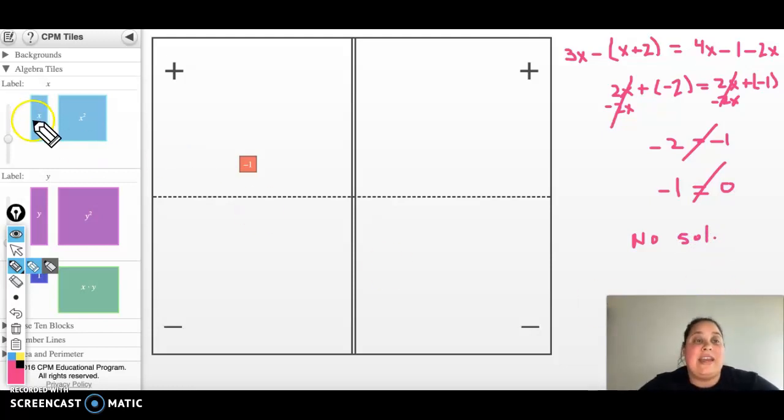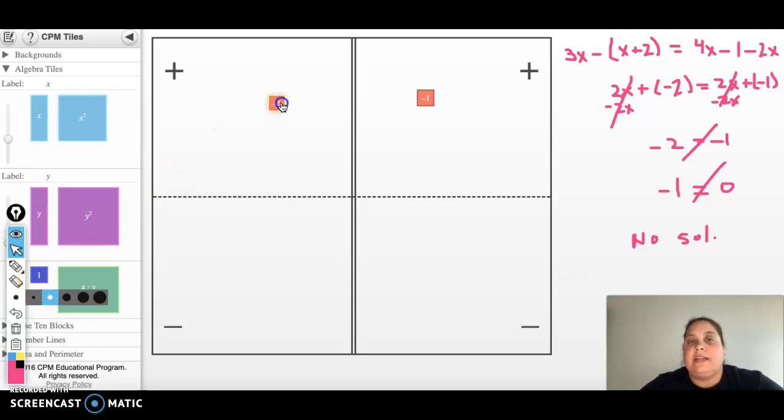Again, even if I had an x left over, so if I had an x on this side and a -1 on this side, x equals -1, perfect, that's a solution. But as soon as my x is gone and there's nothing left on this side, there's no more x's, no more variables, then I have no solution. Had this ended up, sorry, I'm just going to show you a couple things.